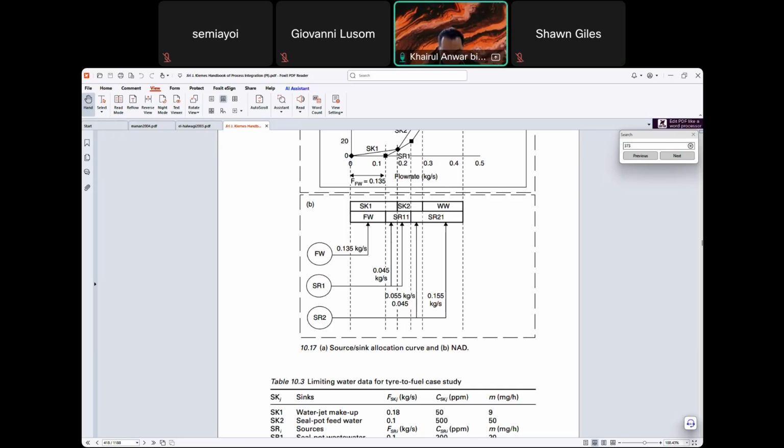Source 1 in the sink 2. Next is the SR2. R2 is for the sink 2 and the wastewater treatment, and source 2. Source 1 and source 2.